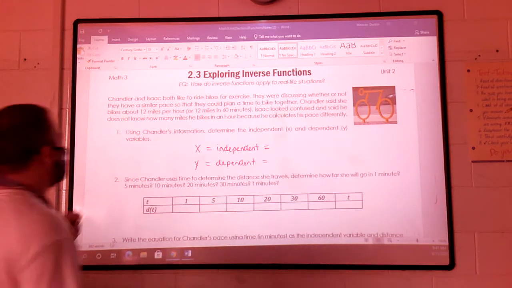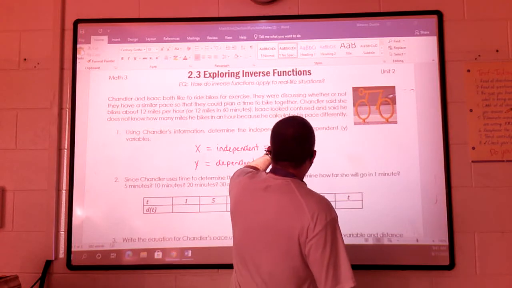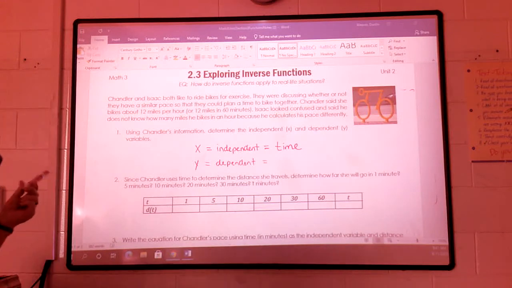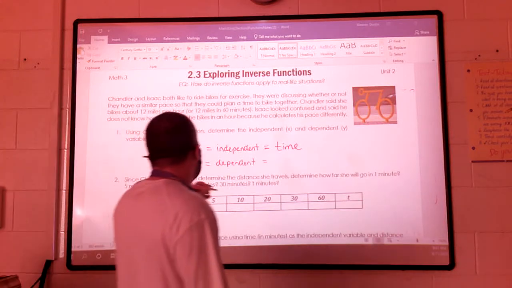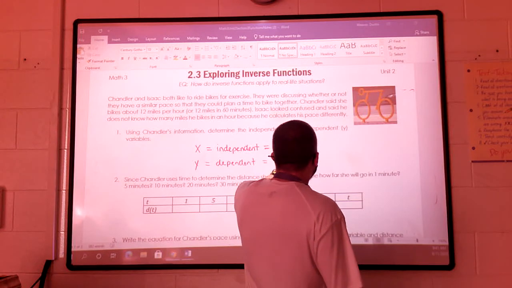So x is the time. Okay? So x is the time that they spent riding the bike. And that time is probably going to be in minutes, or you could put it in hours, whatever. But we're going to put it in minutes for right now. And then the dependent variable is the distance. So what that means is, and it should make sense, right?